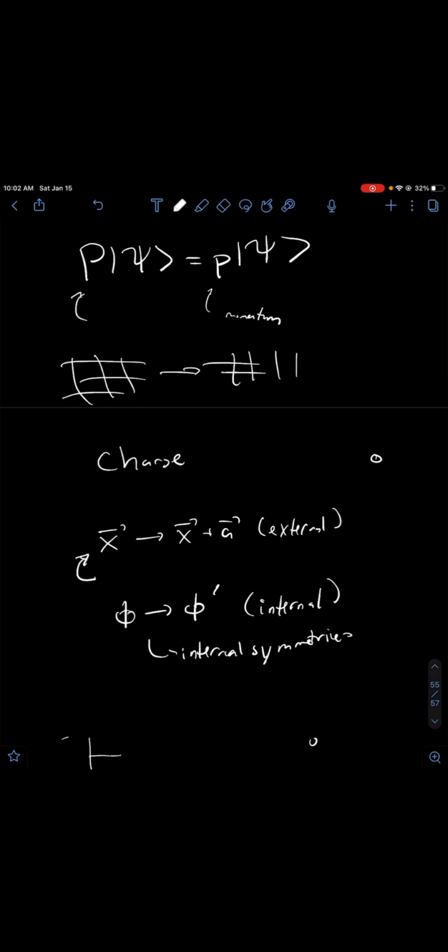We will cover this case in the far future, that's outside the scope of this video, but there are internal symmetries, and we will study those in detail when we get to the standard model. One example of an internal symmetry is a U1 symmetry. This is the one that actually leads to the conservation of electric charge.